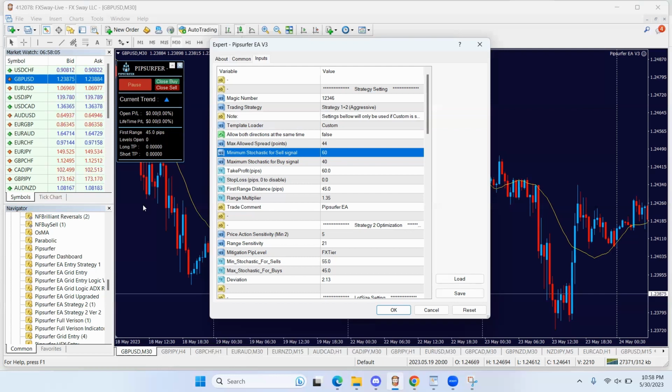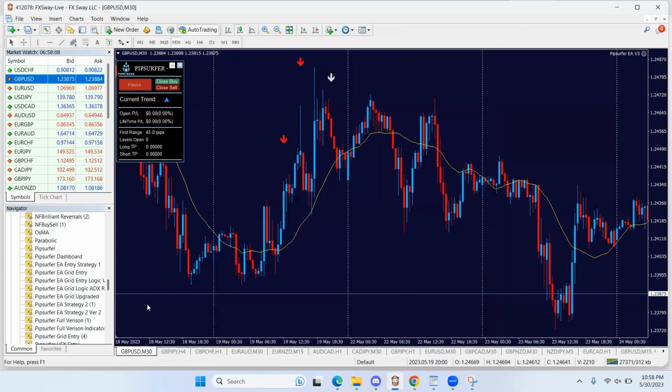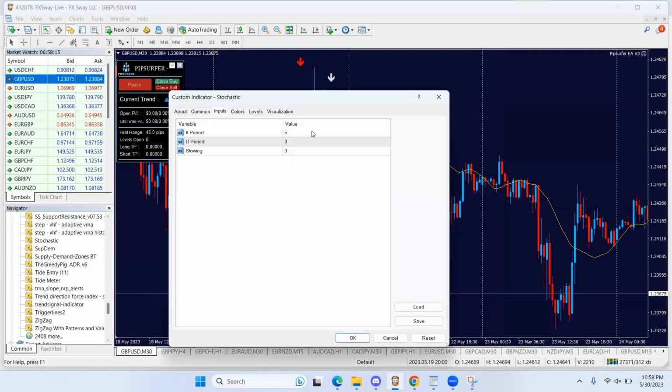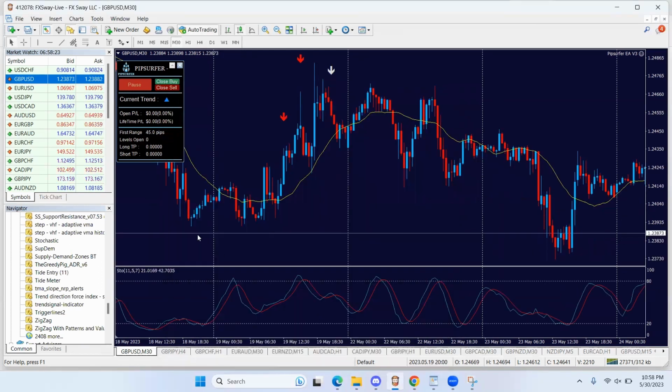So if you know a stochastic, I can pull that up real quick, just so you have an understanding. All right. That's somewhat it. So when the markets tend to be higher in a range, you'll see it's overbought.